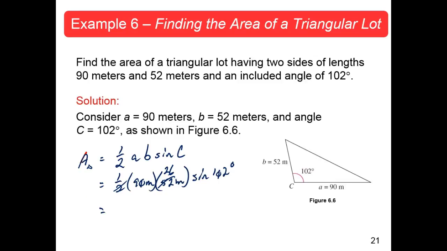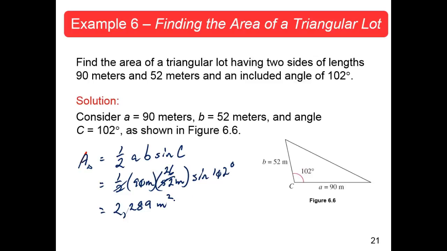So 90 times 26 times sine of 102. 2,288.86. Let's call it 2,289 then. And that will be meters times meters, which is meters squared.